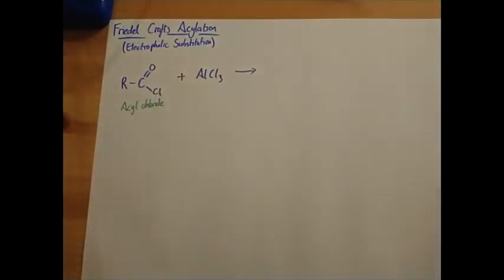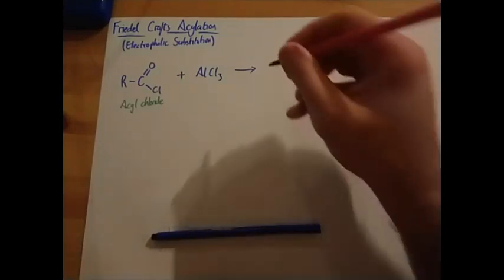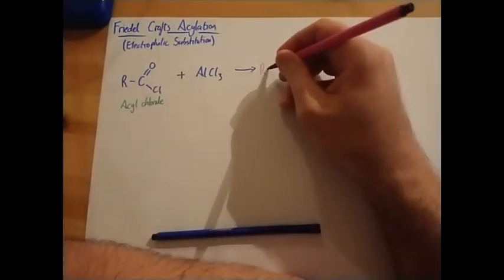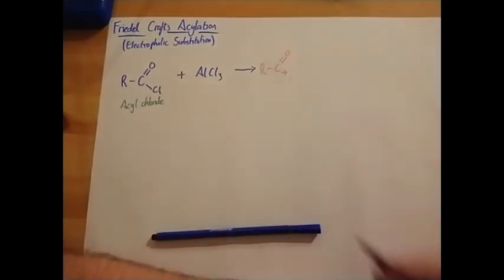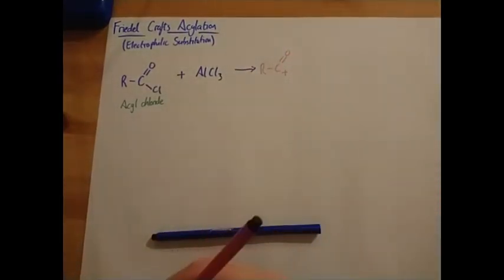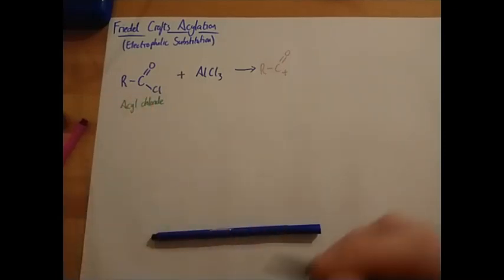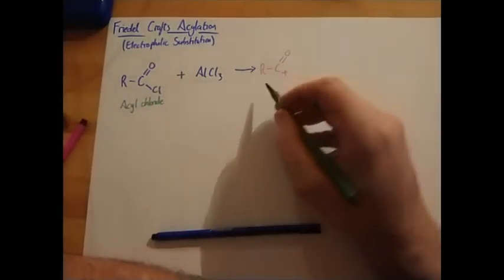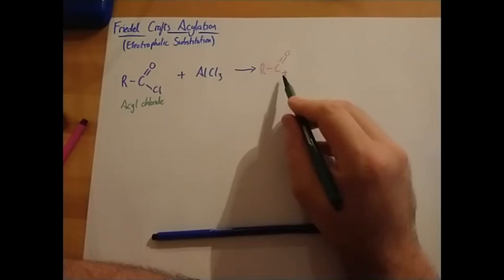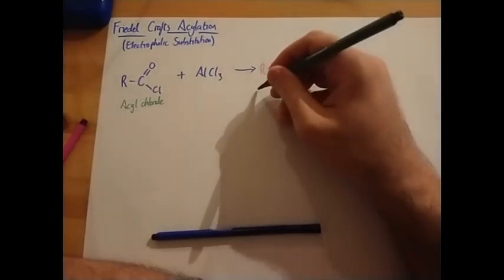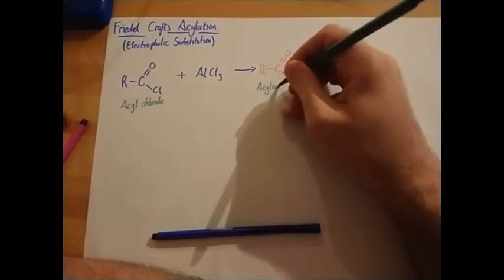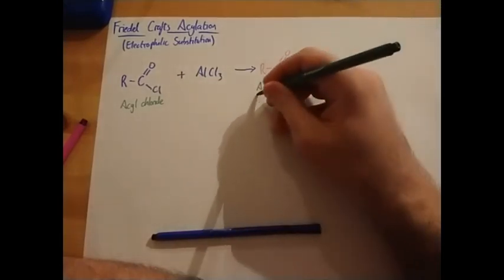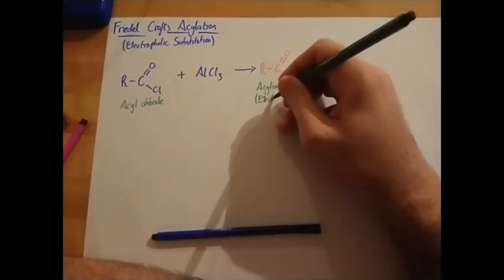So what we're left with, I'll do this in a different colour so we can actually see clearly what we're doing, is this group here. The carbon's got a positive charge because the electrons in that bond went away with it. And this species here with the positive charge is called the acylium ion. And this is going to be our electrophile.